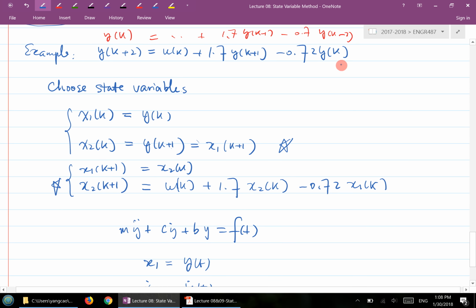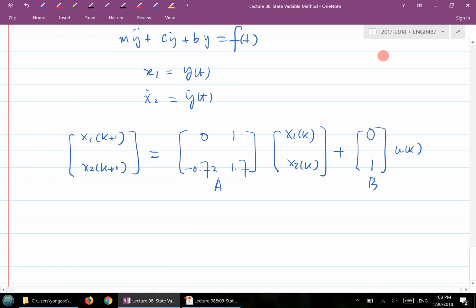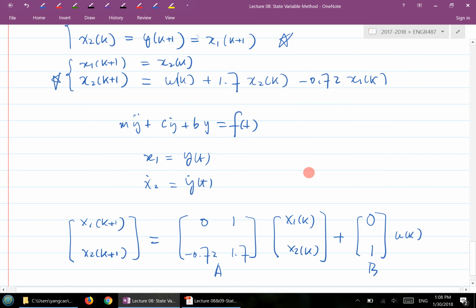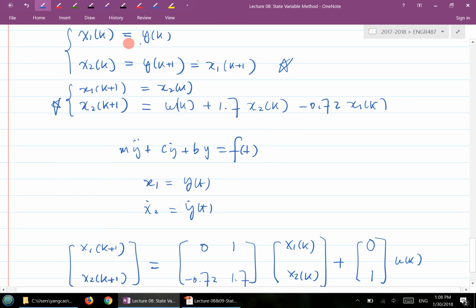And then you should also have the output equation. I don't have the arrow sign here because it's a single output. The output is just x1 of k, because of the definition of x1 of k.